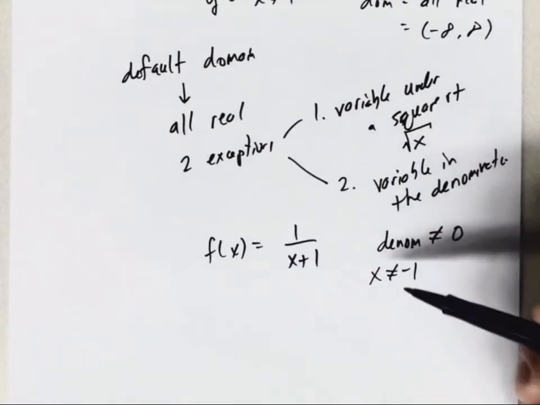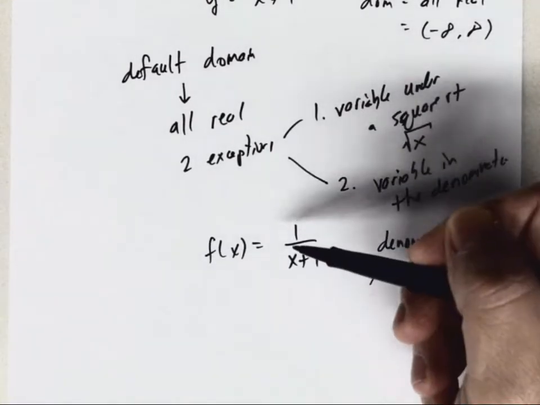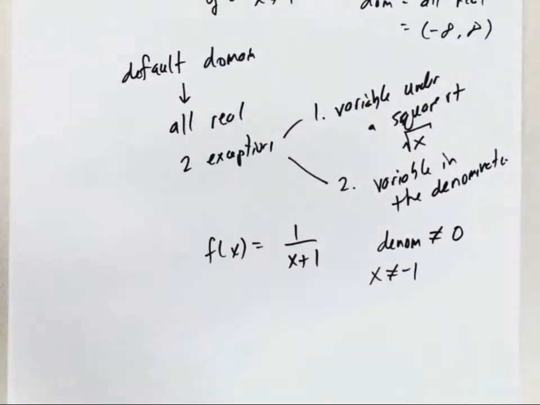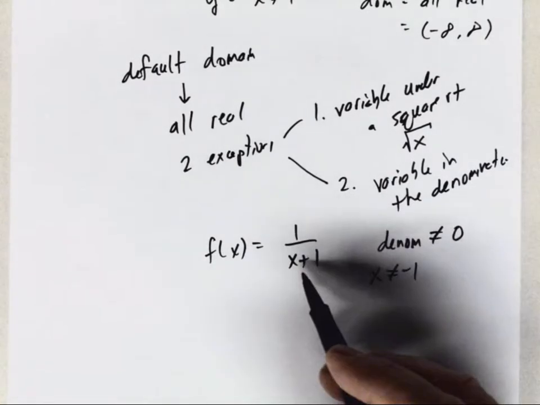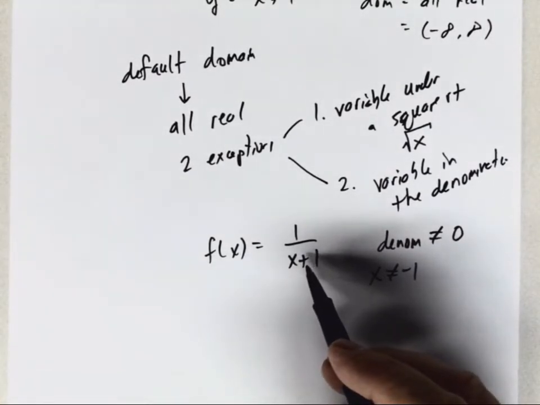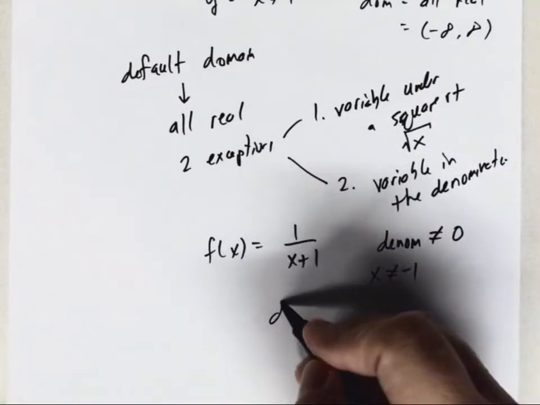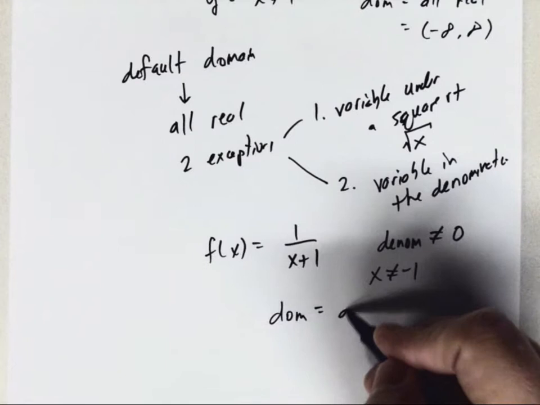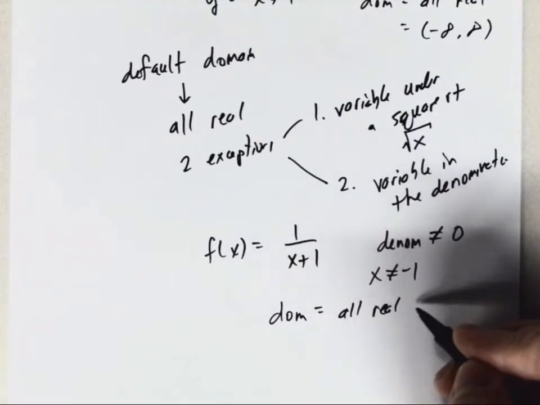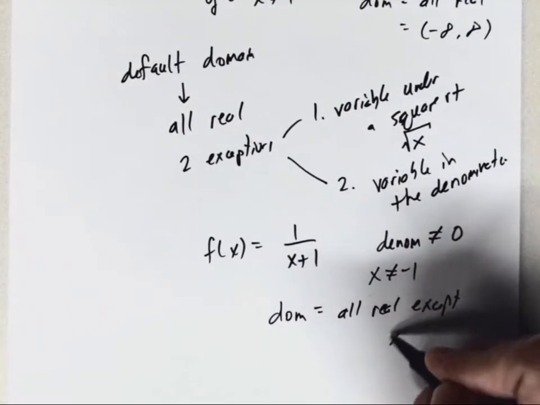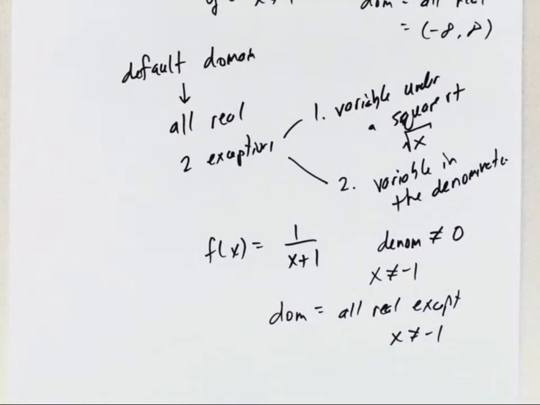So that's now going to change my domain, because I assumed from the start that x can be anything, that x is all real numbers. Well, because I have a variable in the denominator, that's not going to be true anymore. Instead, my domain can be all real except x cannot be -1. So in a sense, my domain is everything but -1. Okay, that's the way it is.